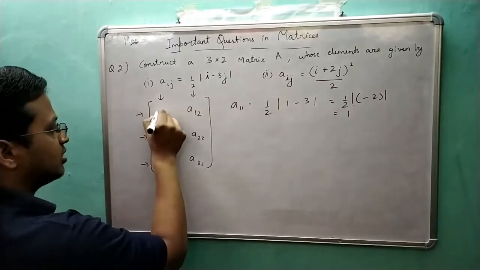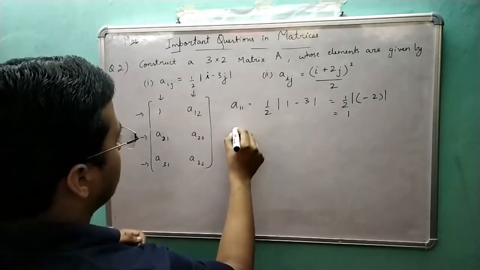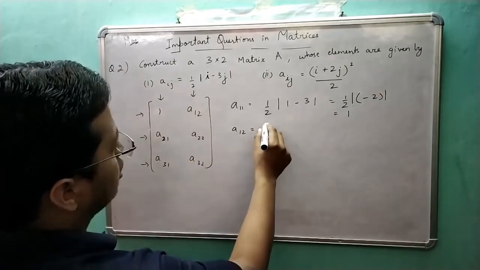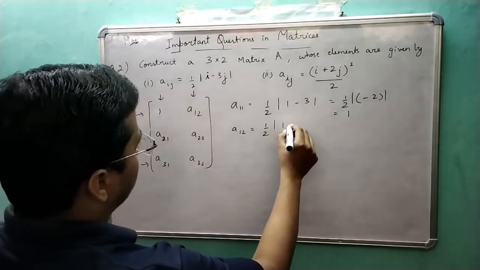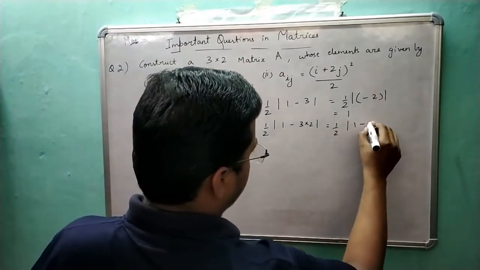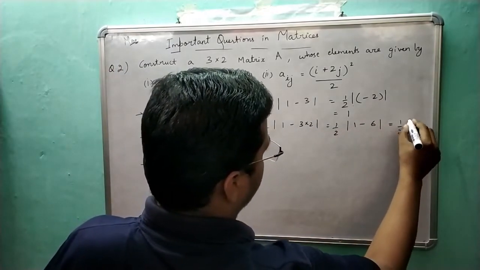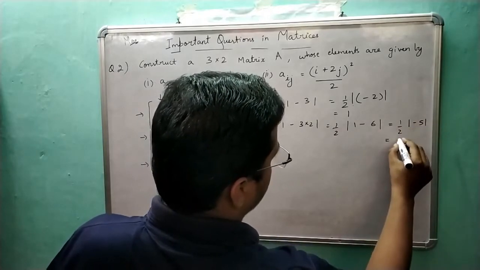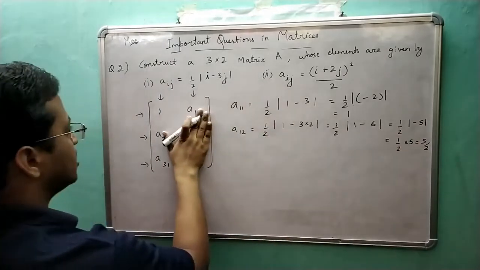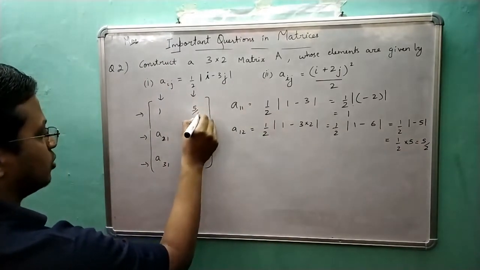Now A12: i is 1, j is 2. So half of mod of 1 minus 3 into 2, that is half of mod of 1 minus 6, half of mod of minus 5. So half into 5, which is 5 by 2. So this element is 5 by 2.